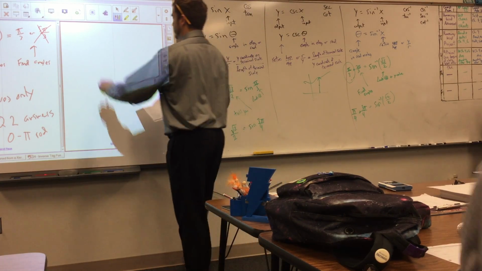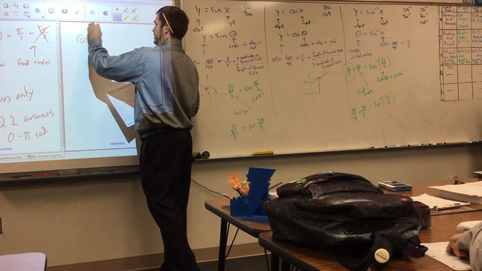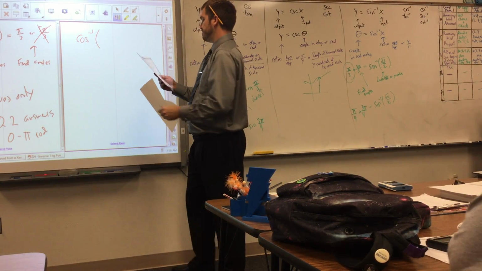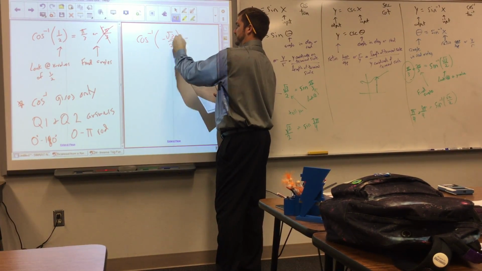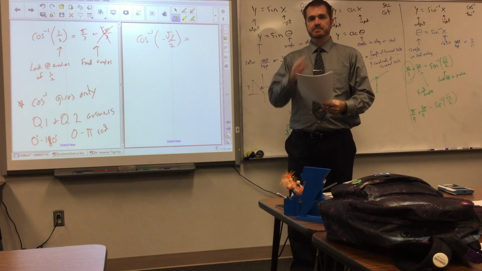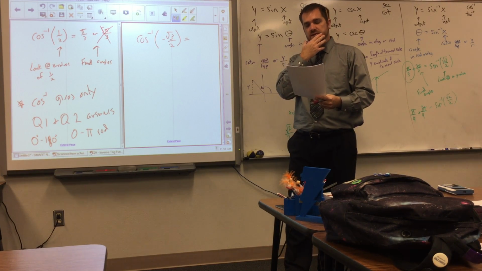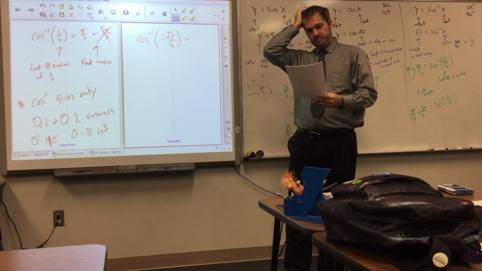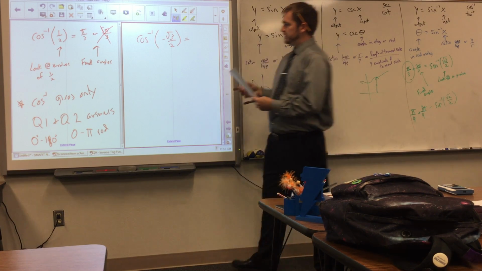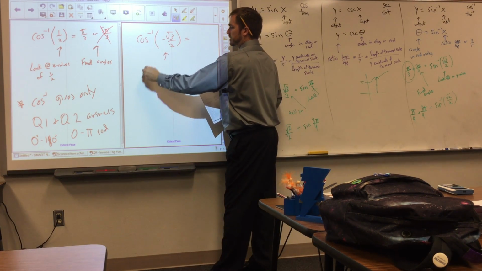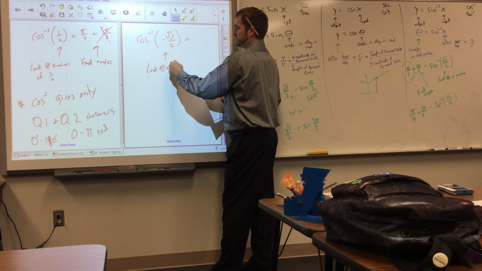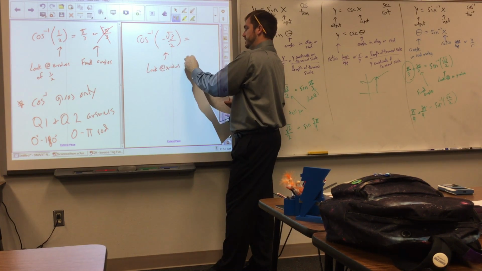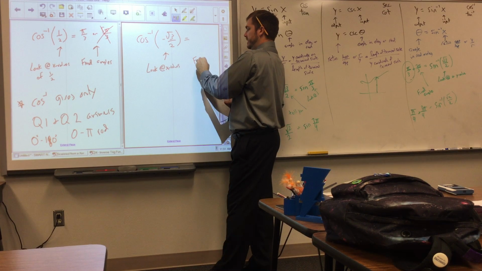Let's do one more, shall we? Inverse cosine of negative root 3 over 2. Janie, what this means is look at x values of negative root 3 over 2, and you find the angles.